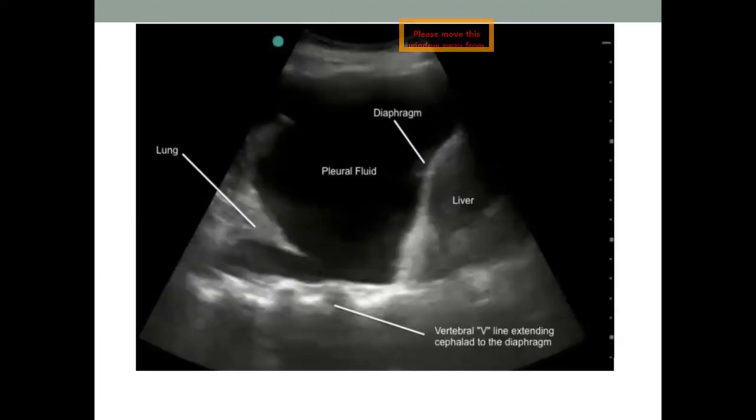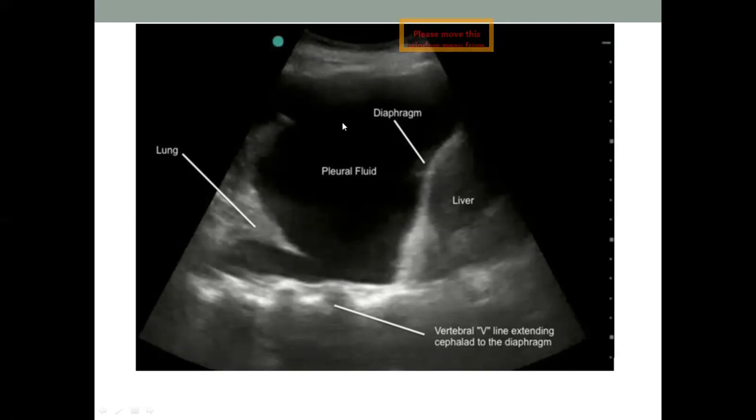On ultrasound, effusion will be black. So this is the liver, this is the diaphragm, and above the diaphragm, this is the mesopleural effusion. Here you can see the lung. This is the lung, and this is the chest wall. This is the pleural effusion, which is black.